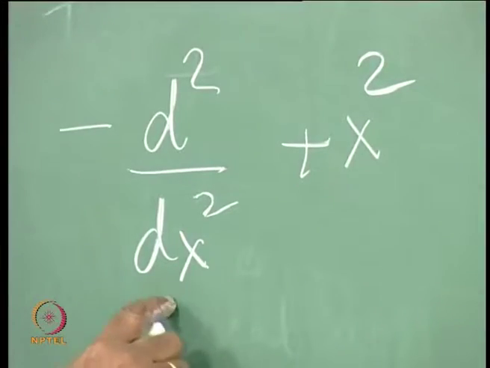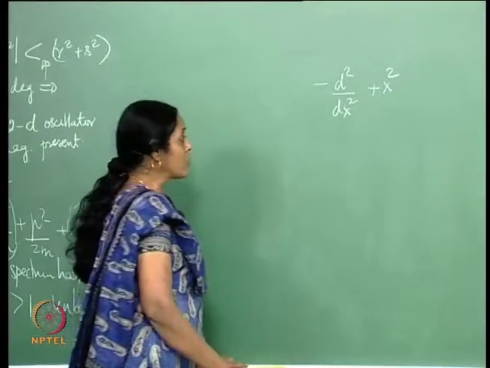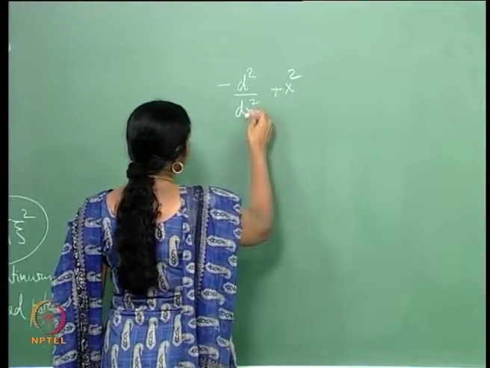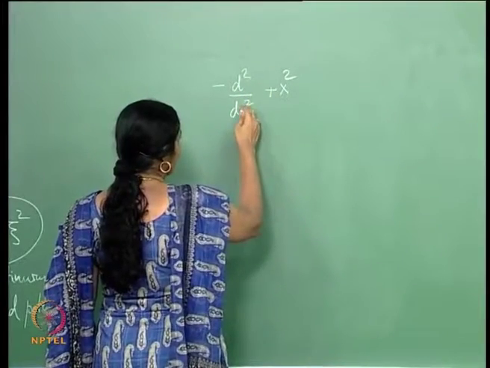This is the del squared part of p squared, and there is an x squared, and clearly I have scaled out things, set m equals 1, 2m equals 1, h cross equals 1 and things like that.